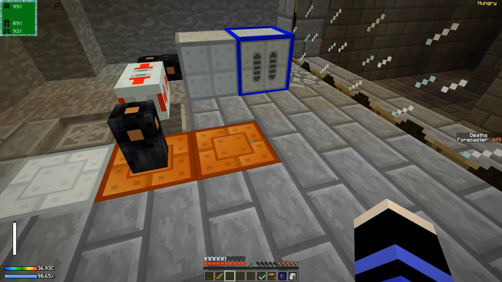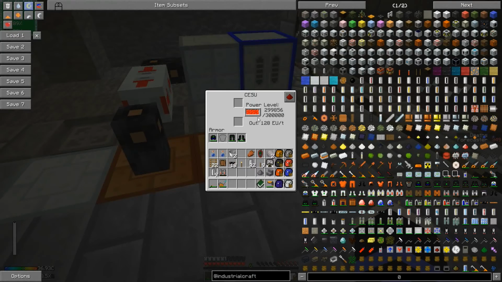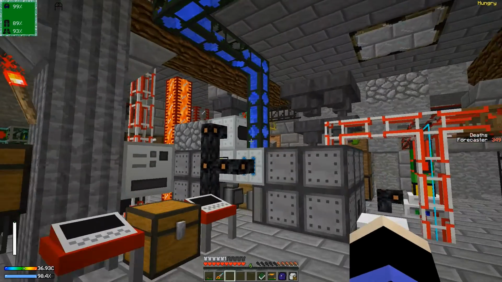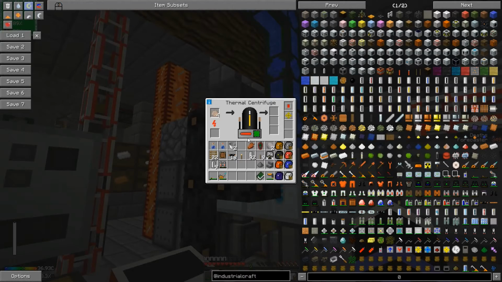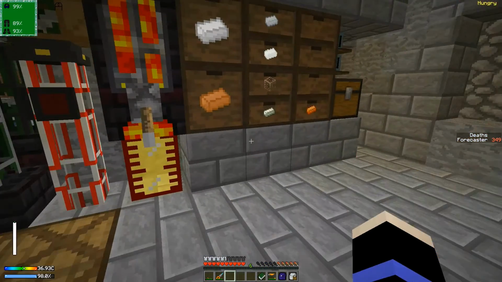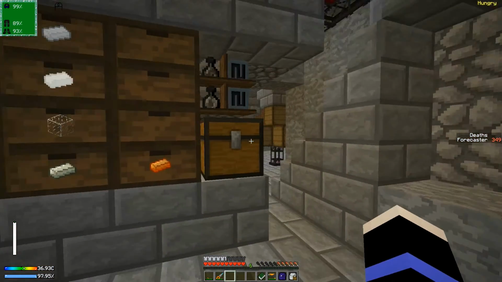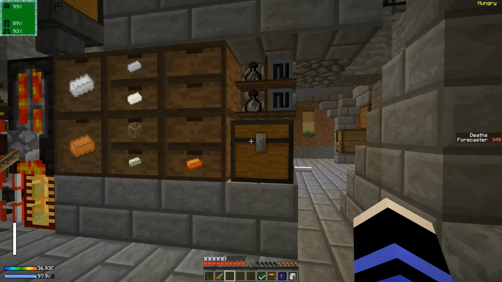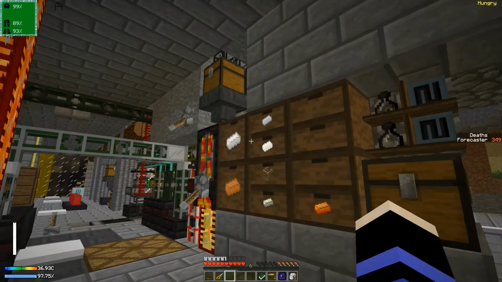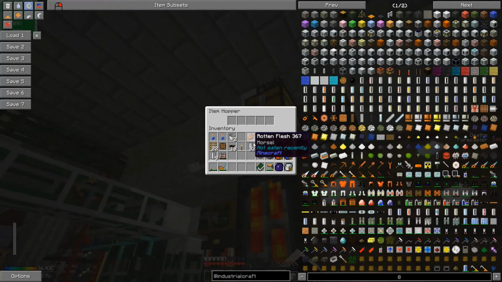Yeah, these have started to drain again, and once this runs out, the centrifuge will stop working properly and will essentially continuously drain the power output, any excess power, without actually doing anything. So we're going to want to avoid that.